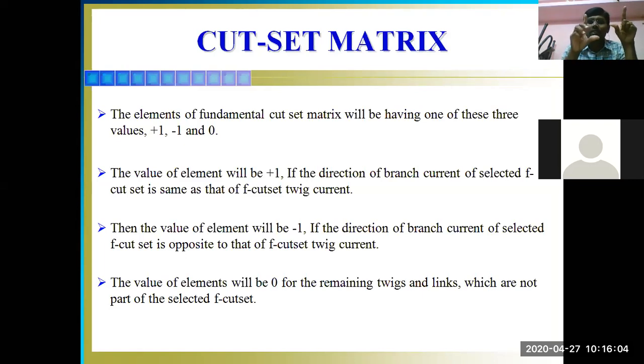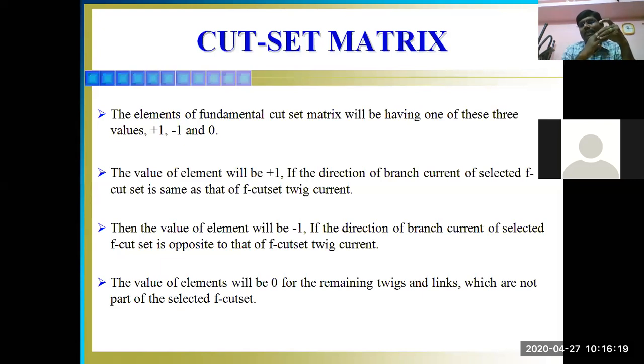And the element value is 0 when there is no relation between the selected branch and the selected cut set.